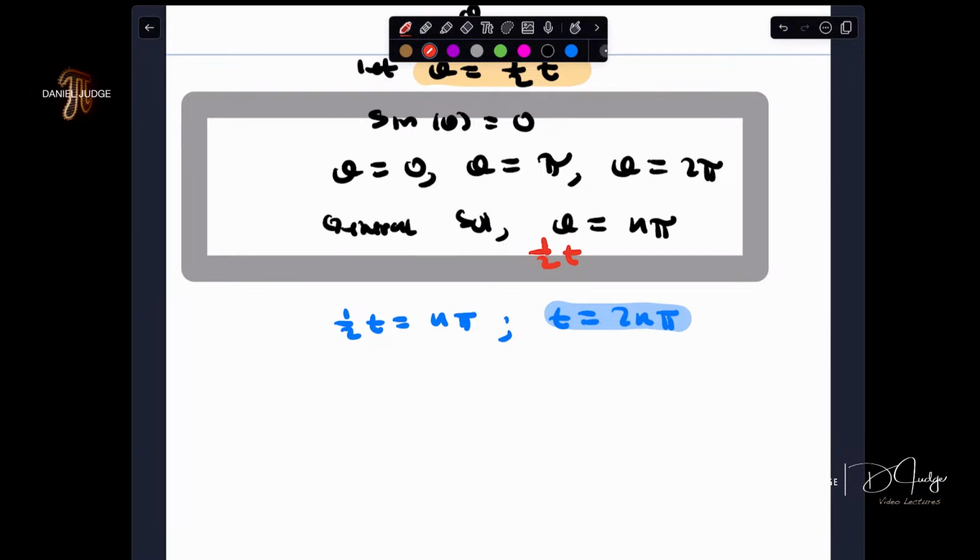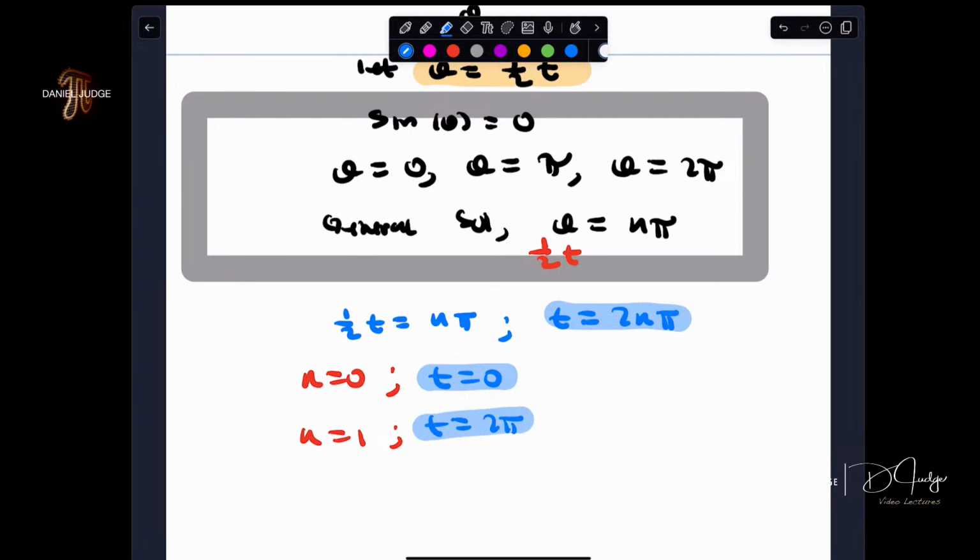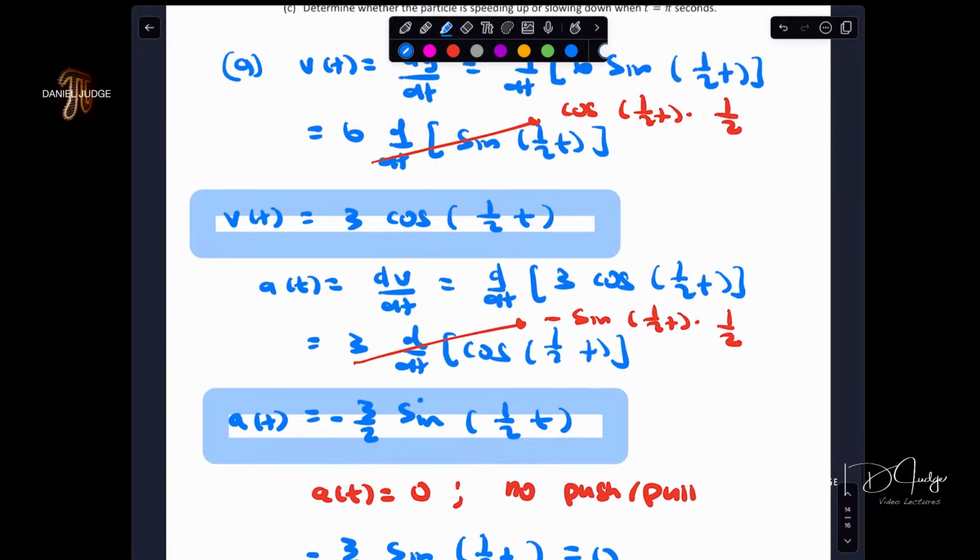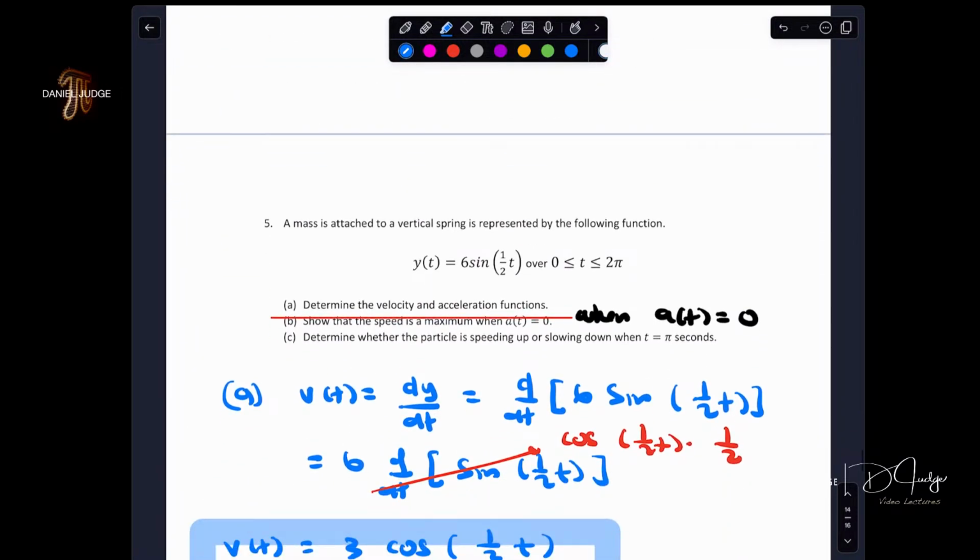Well, let's use n is 0. All right, maybe not. We'll just keep it that way. When n is 0, t is 0. When n is 1, t is what? 2 pi. And that's it. Time is 0, time is 2 pi. At those times, you have 0 acceleration. So, all right, whatever. Let's go with that.